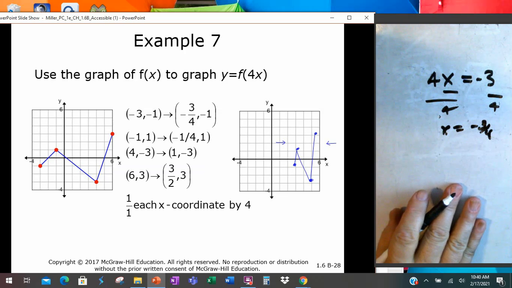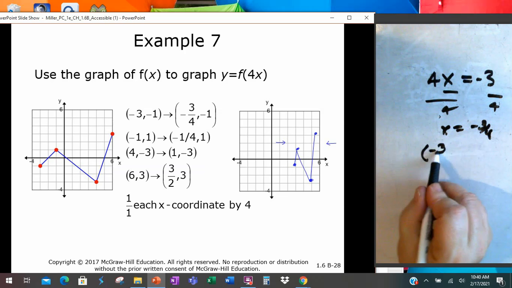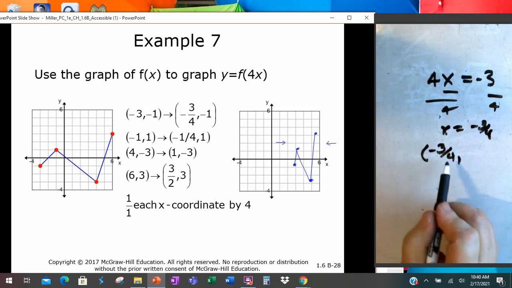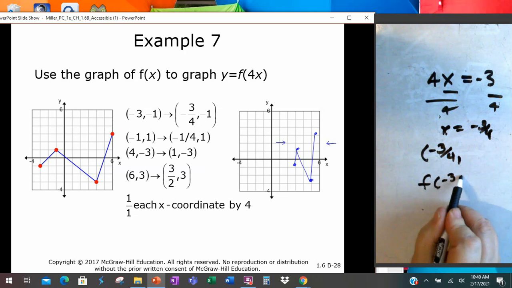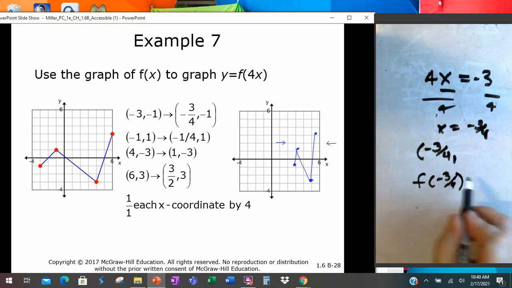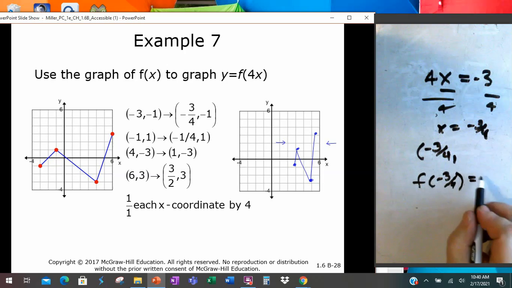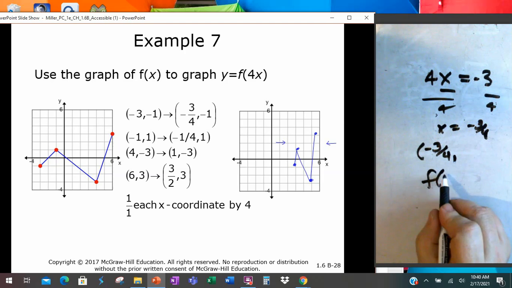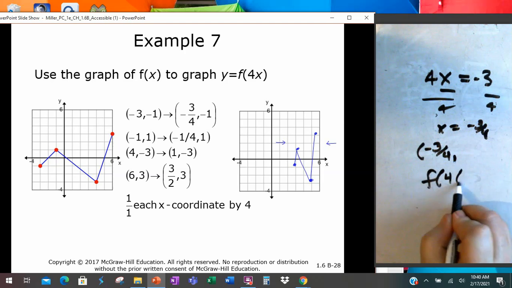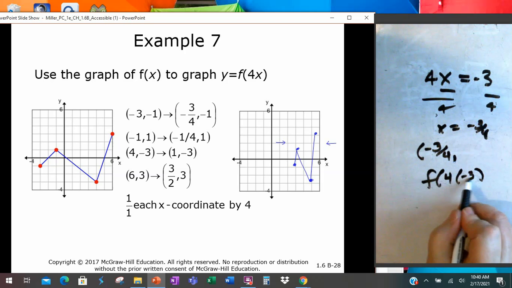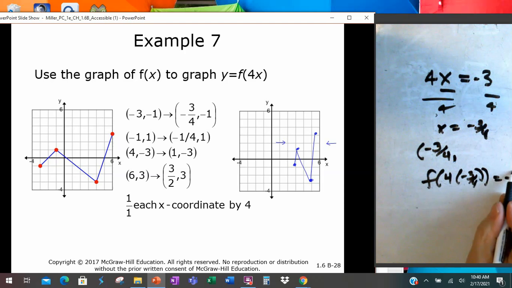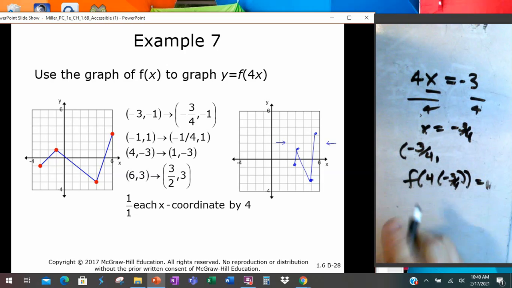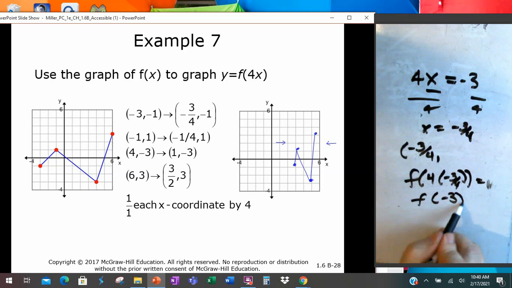So when x is -3/4, look what happens through that transformation. It's f of 4 times x, and 4 times -3/4 is -3, so that's f of -3.